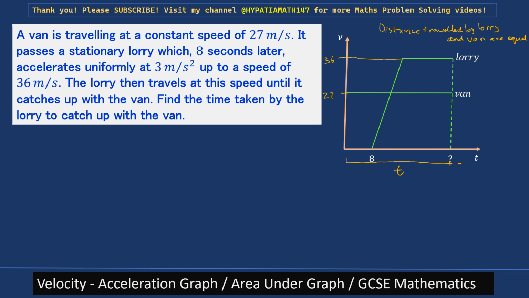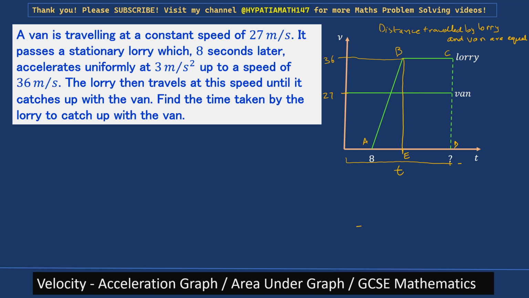So if I draw a line down to the time axis, the x-axis, I can find this time. We name the graph points A, B, C, D and E. So I need to find what E is, or AE.